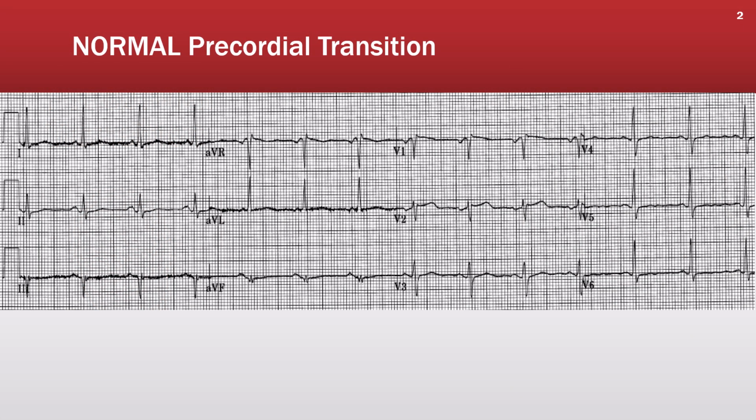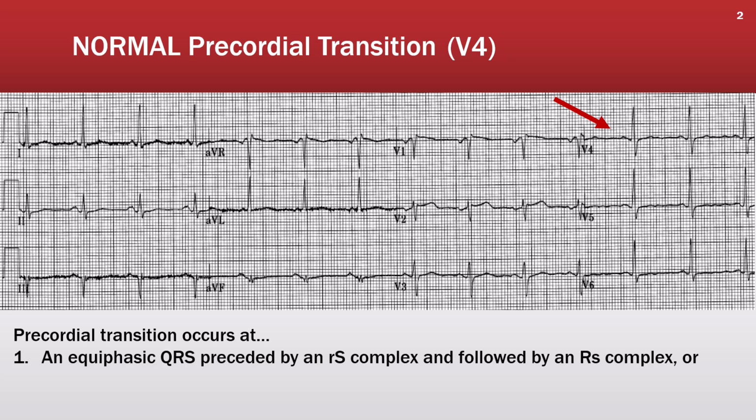Here we have an ECG with a normal precordial transition. And in this case, the precordial transition occurs right here at lead V4. Now, we can determine precordial transitions by first an equiphasic QRS, which is preceded by a predominantly negative RS complex and followed by a predominantly positive QRS complex.